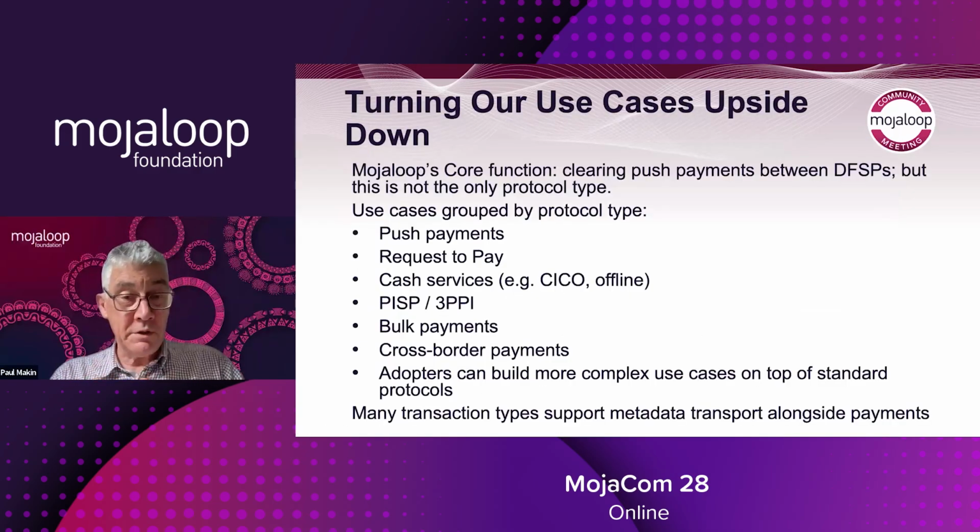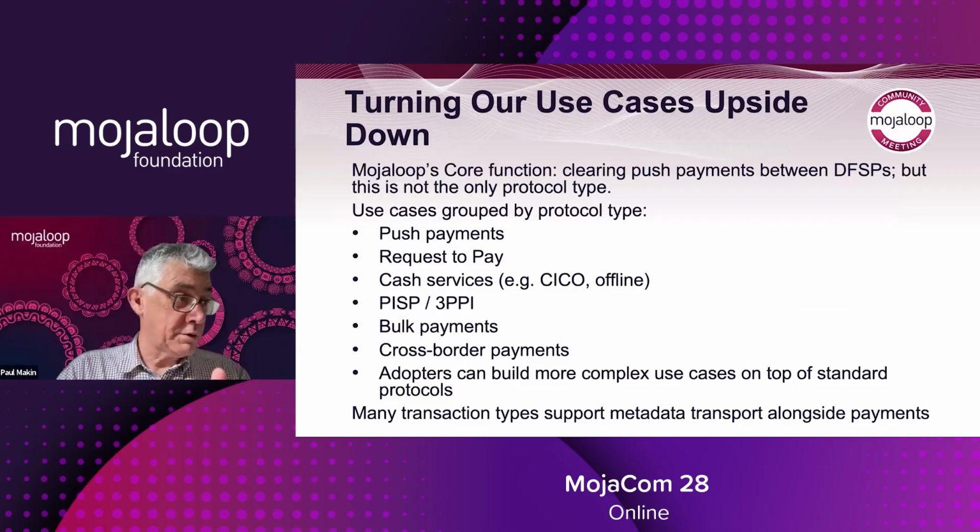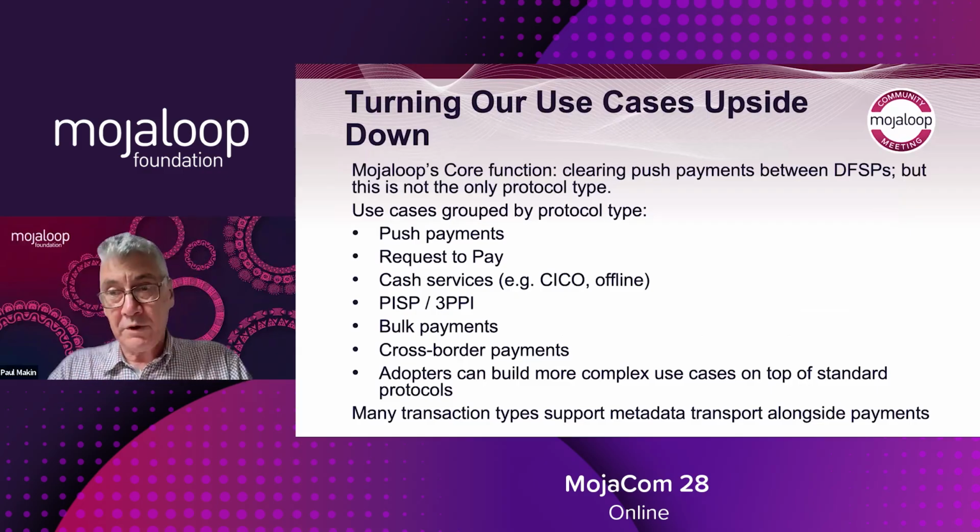So I wanted to talk about our use cases. Generally, it's quite difficult to talk about the use cases Mojaloop supports because essentially you can do anything. Mojaloop is an engine for pushing payments from one account at one DFSP to another account at another DFSP, and you can build anything on top of that.